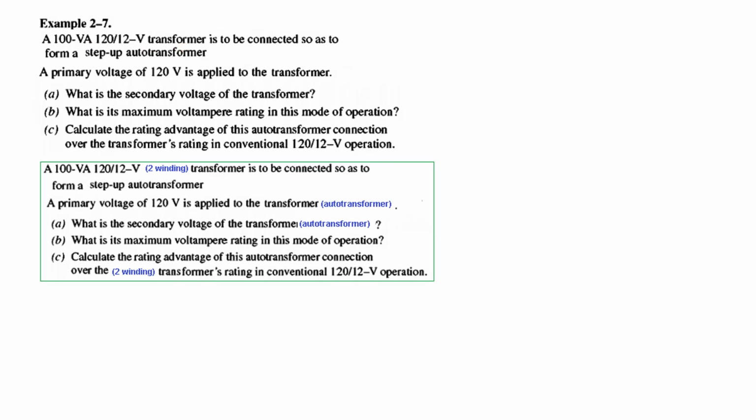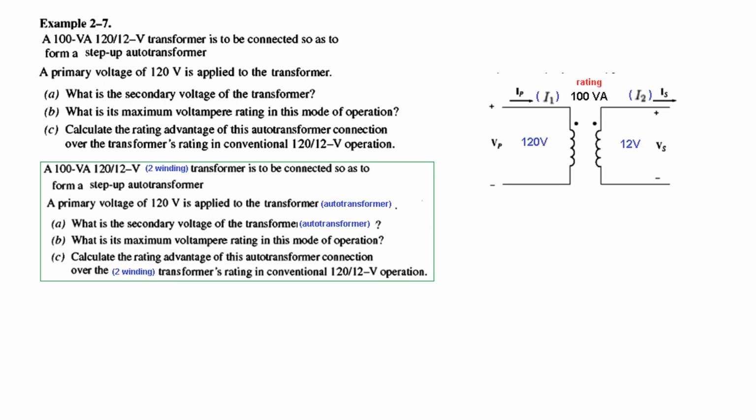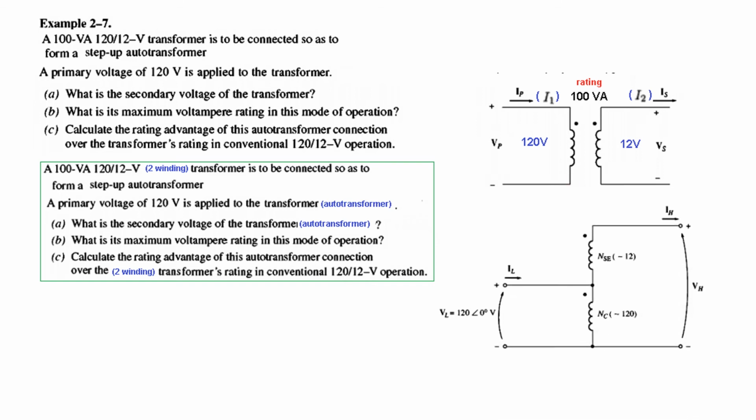So I have written it, it is actually the two-winding transformer, which is to be connected so as to form a step-up transformer. So this is our two-winding transformer, and this has to be connected to form a step-up transformer. And how will we connect it to form step-up? Like this. So this is the input side and this is the step-up side.